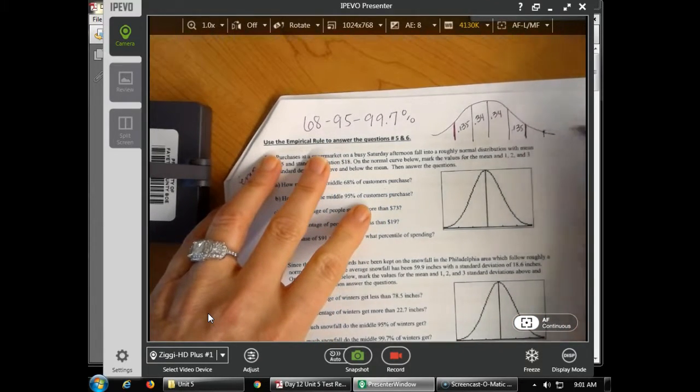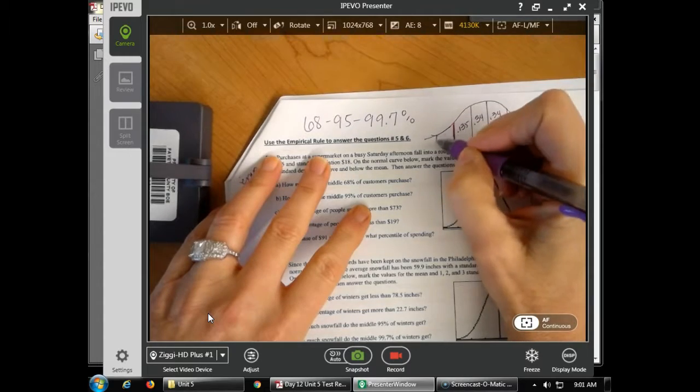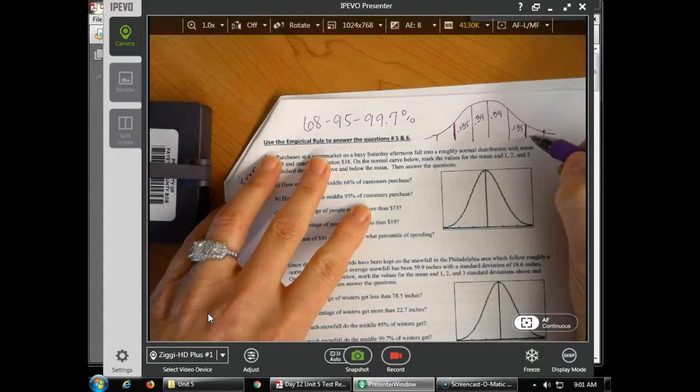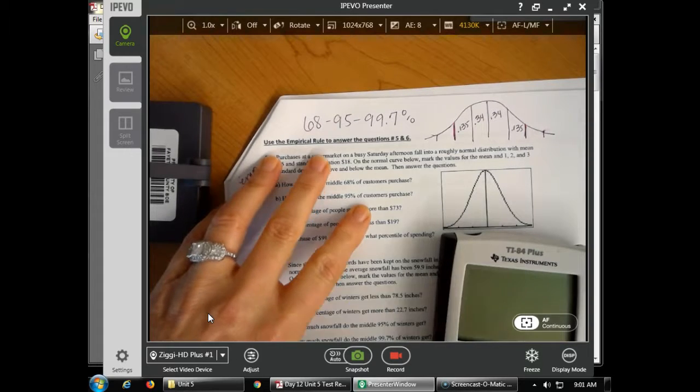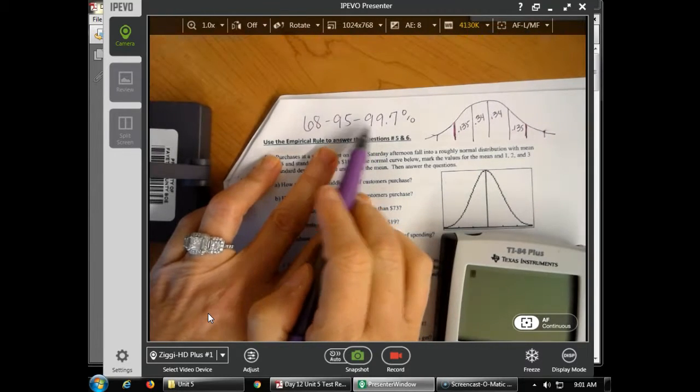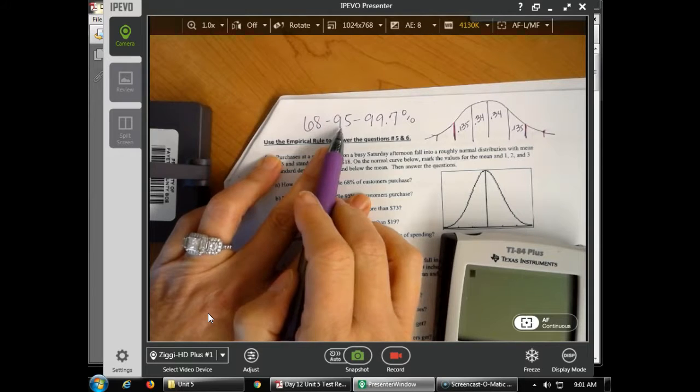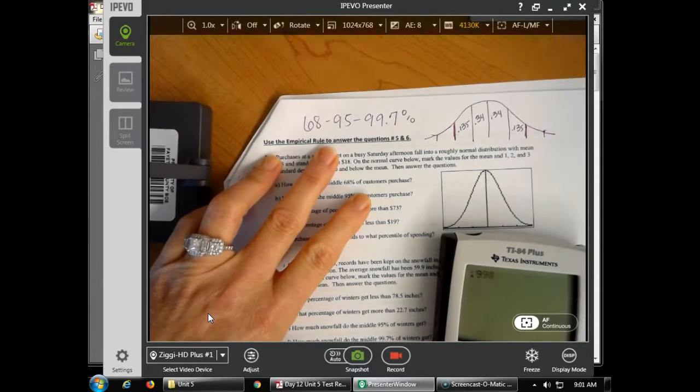Then within 3 standard deviations above and below, you'll have what? Do you remember how to find it? If you forget, you take 0.997 minus 0.95, and it gives you the tail. 0.997 minus 0.95 leaves you with 0.047, divided by 2.